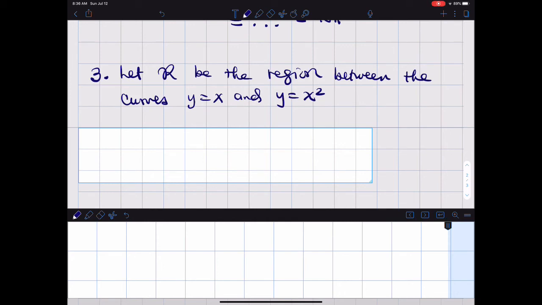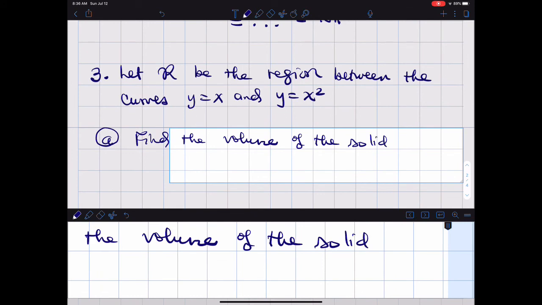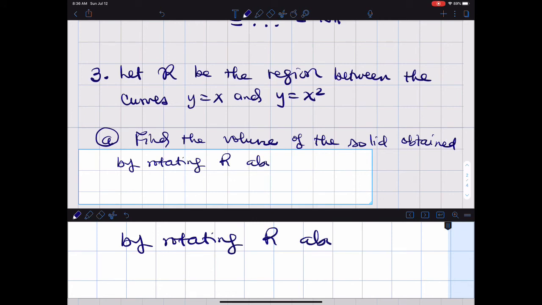Well, there are two parts. A, find the volume of this solid obtained by rotating R about the y-axis.